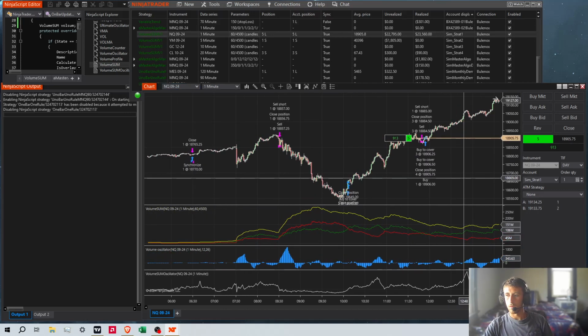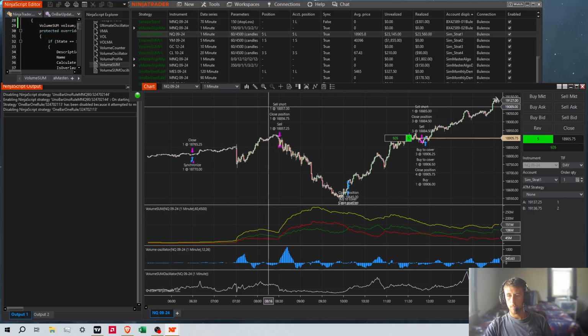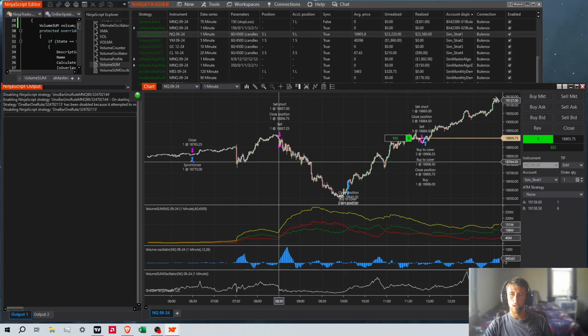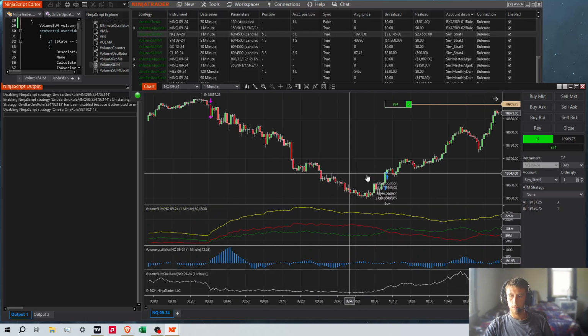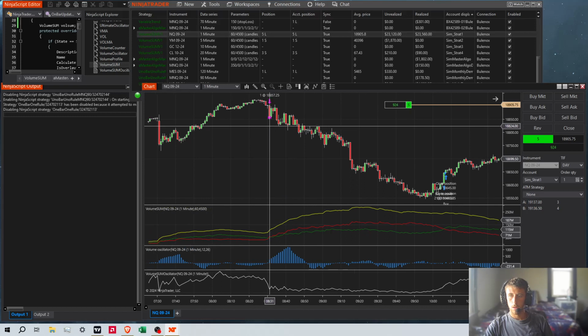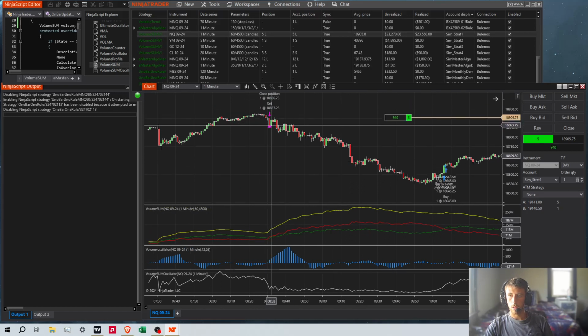Here's when it took the first sell, right across above green. Not sure why. Looks like we bought and then closed again right away. Not sure why.